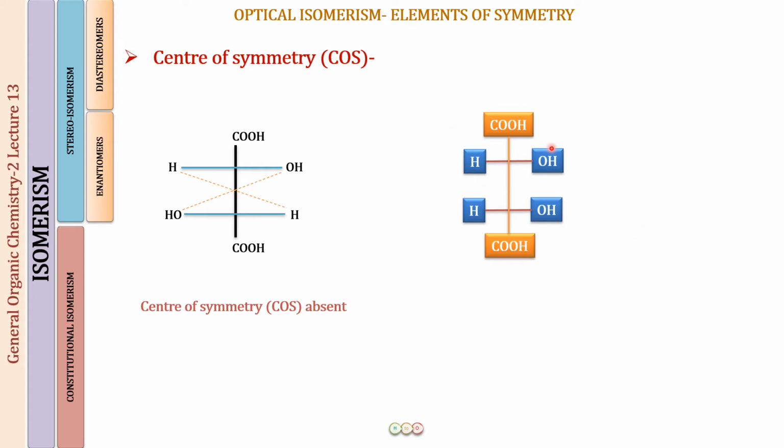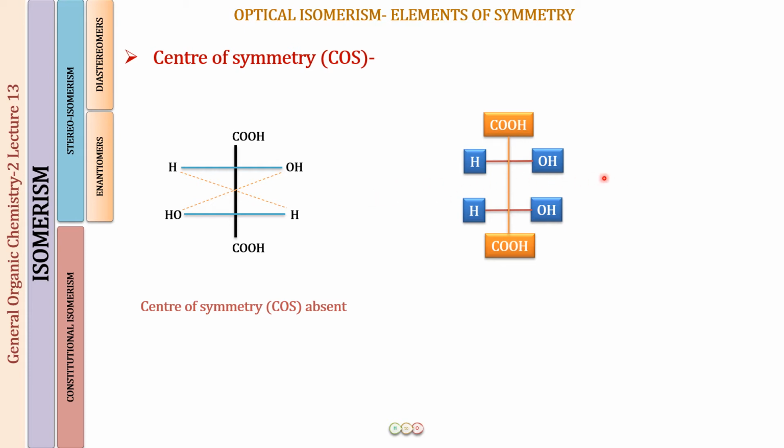And this compound has a special name. This is called meso-tartaric acid. Why is it called meso-tartaric acid? Why we use that word meso is something that I will be talking about in the upcoming lectures. But for now, remember that this is called meso-tartaric acid, and this is the molecule which you saw in the last lecture, where we said that this molecule has a plane of symmetry.